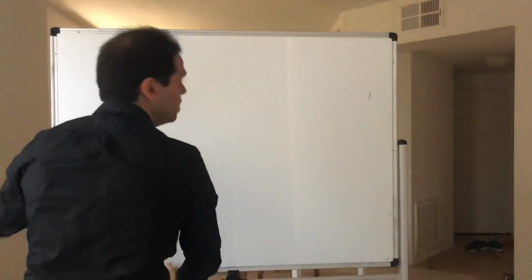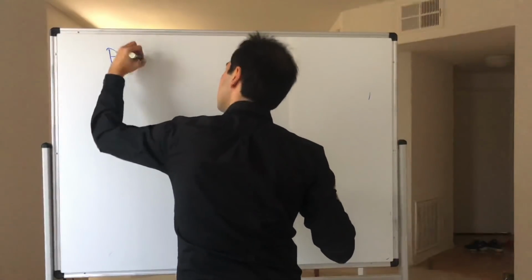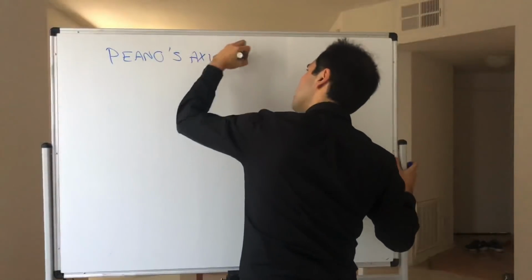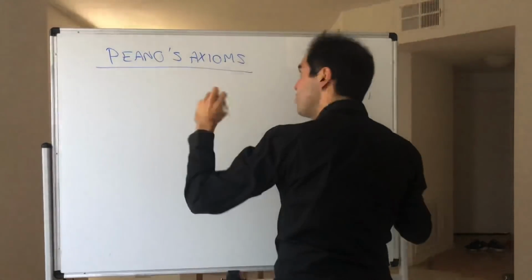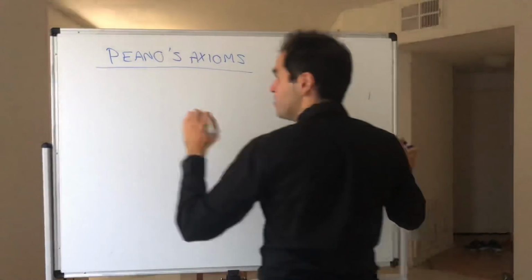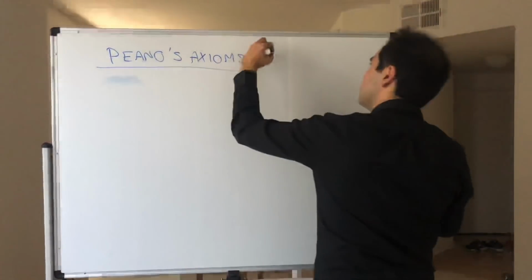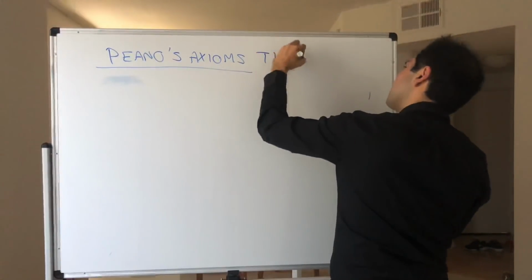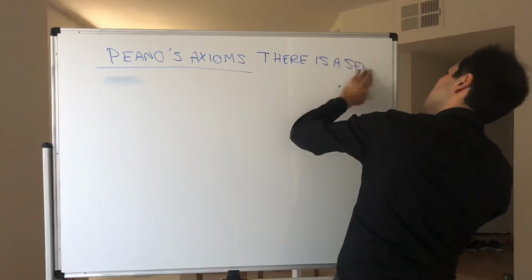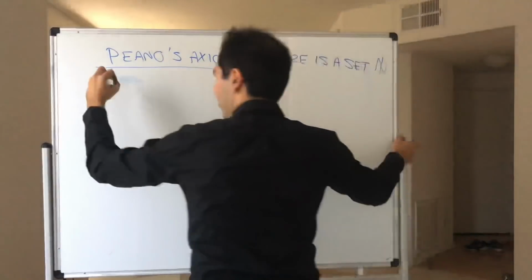So how would we define the natural numbers? Peano's axioms say as follows. There is some magical set called N such that the following holds.